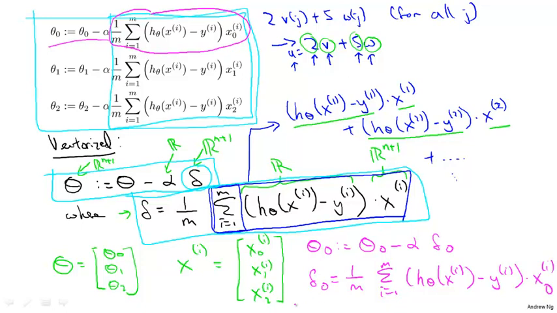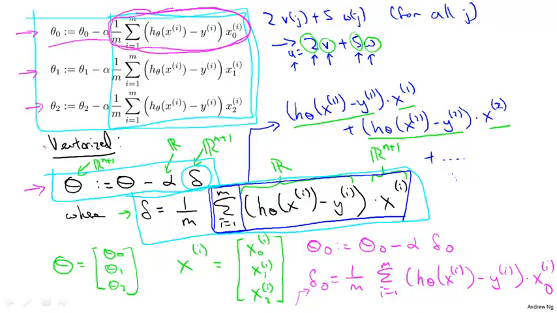And this thing I've written out in magenta is exactly this thing that I've circled up here. So this is maybe a proof or verification that if I use this vectorized implementation, my update for theta 0 is the same as this, and it turns out my updates for theta 1 and theta 2 are also the same as these.